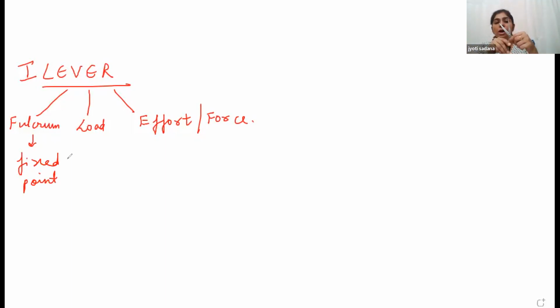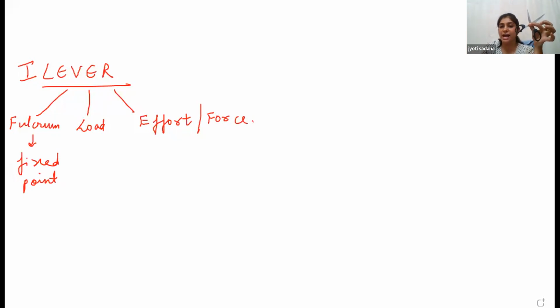Okay. Now come to the second one, load. Load is the object on which we have to work. Okay, so tell me, if I want to cut a paper, where will I put my paper? On the top side or at the bottom side? Blade of the two scissors. Okay, top side. Yes, definitely.